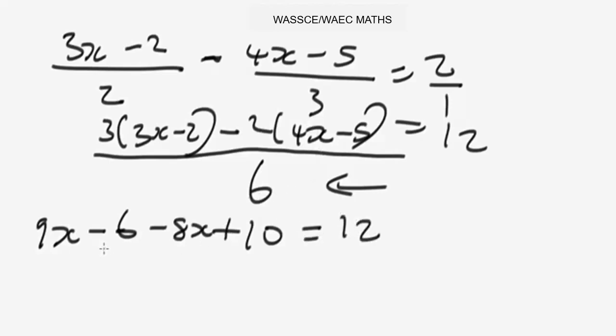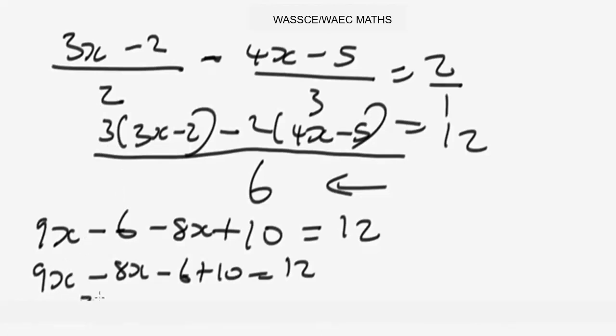Now let's collect our like terms. So we collect like terms, we need to have 9x minus 8x, and minus 6 plus 10 equals 12. So 9x minus 8x is x. Now minus 6 plus 10 will give us 4.